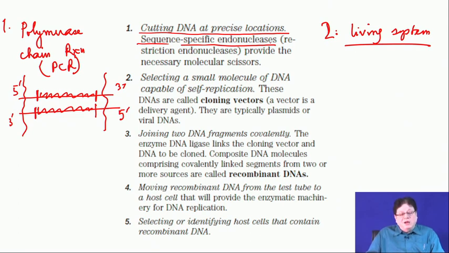Restriction enzymes are endonucleases which recognize specific sequences, and the beauty of these sequences is that they are all palindromic sequences. That means, if you read from 5 prime to 3 prime, whatever sequence you get, if you read the other strand from the same 5 prime to 3 prime end, you will get the same or identical sequence.